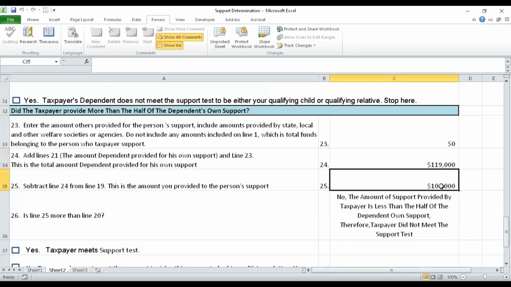And we get 104,000. This is the amount taxpayer provided to the father's support.